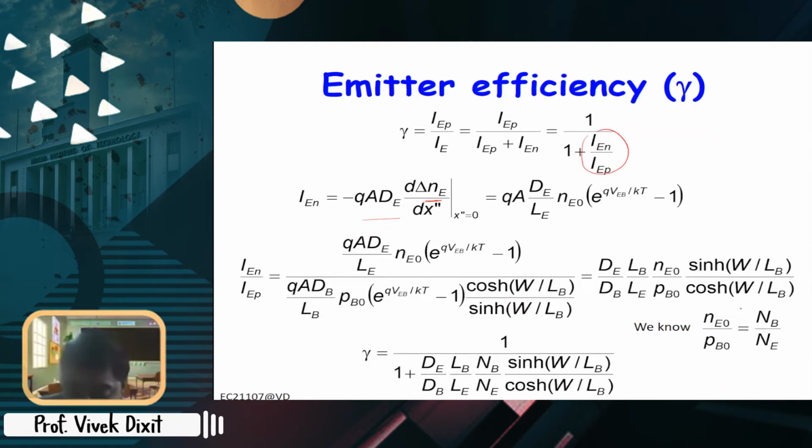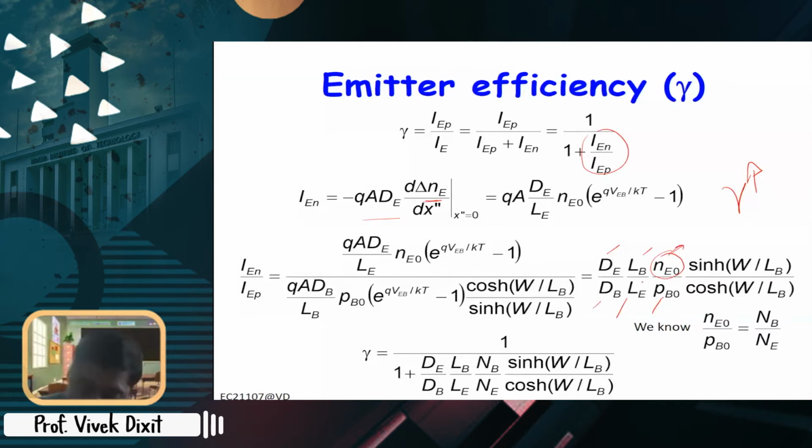Now if you look at the expression for injection efficiency, it depends on DE LB NE divided by DB LE PB, right? So that means if you want to improve the injection efficiency, what you have to do? Your NE should be more, right?